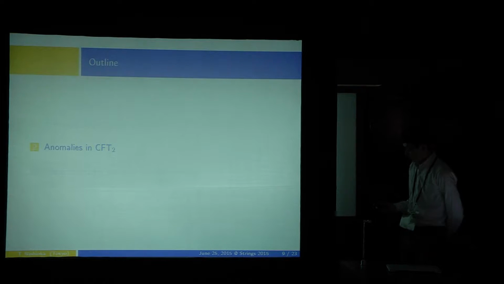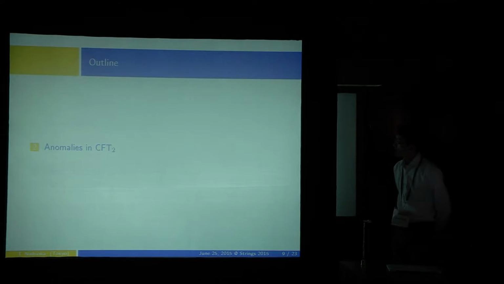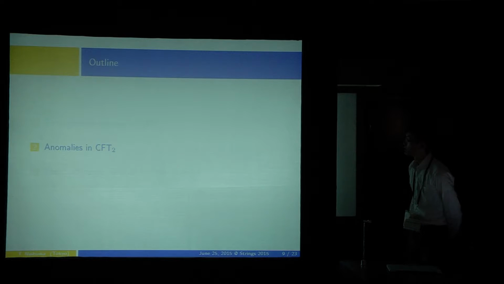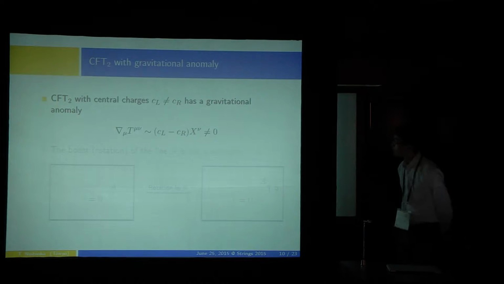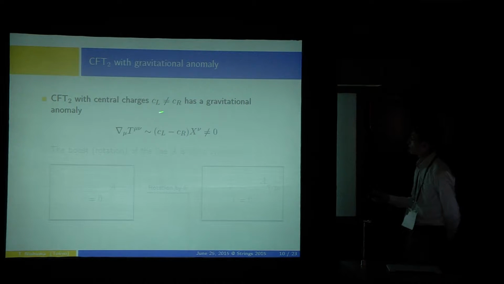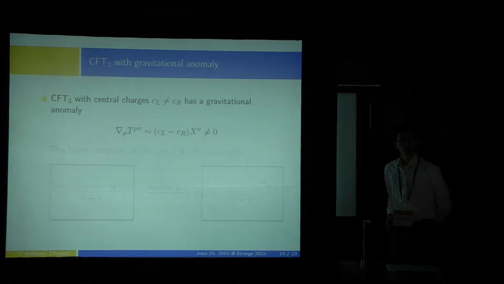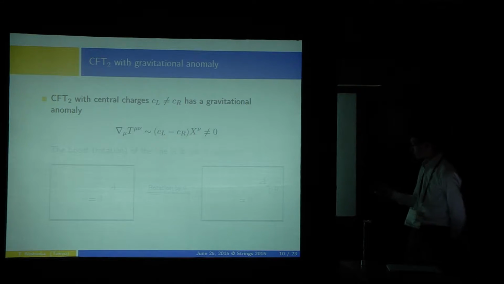And now, let me move on to the anomalies in CFT2. First, I will use CFT techniques to calculate the entanglement entropy in the presence of gravitational anomalies. So in CFT2, if the central charge in the left-handed sector is different from the right-handed central charge, then gravitational anomalies appear, as we know very well.